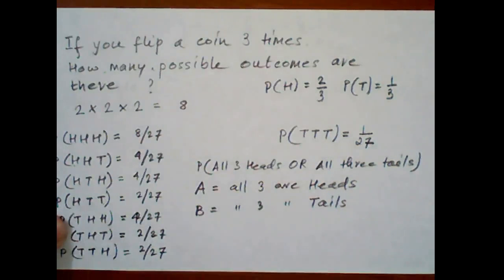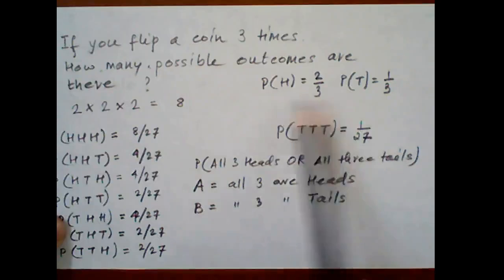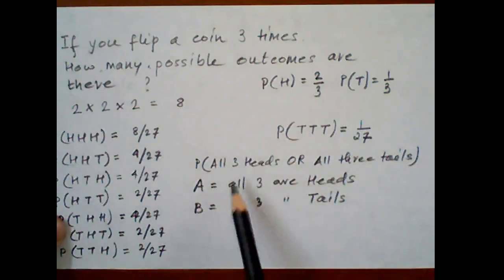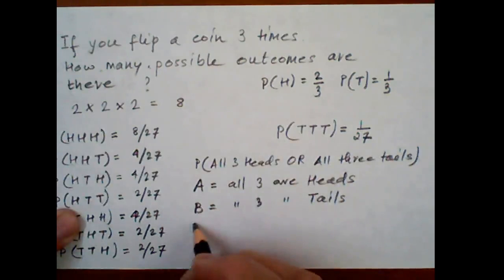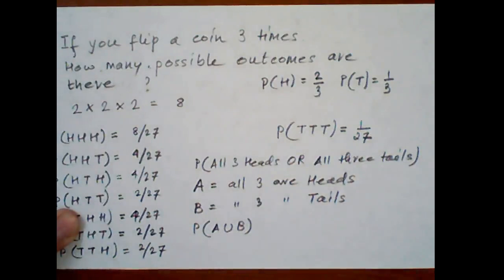And when you are asking what is the probability that if you flip this coin 3 times, you will get all 3 heads or all 3 tails, you are essentially asking the probability P of A union B. I think this is understandable because OR will go hand in hand with the union, right?